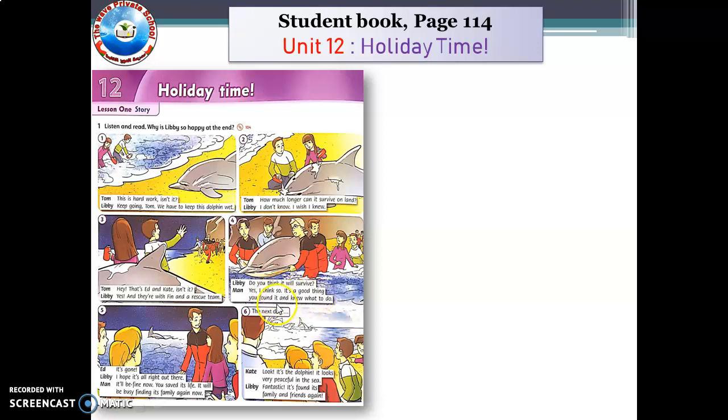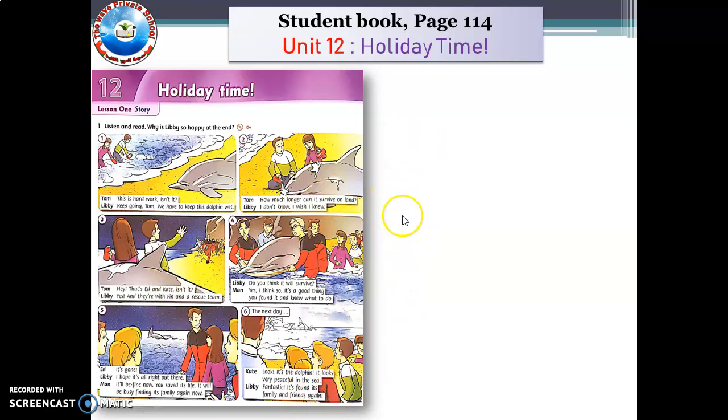It's a good thing you found it and you knew what to do. Ed: It's gone. Libby: I hope it's all right out there. The man said: It will be fine now. You saved its life. It will be busy finding its family again now. The next day they went back, curious what happened to the dolphin. Kate said: Look, it's a dolphin. It looks very peaceful in the sea. Libby said: Fantastic. It's found its family and friends again.